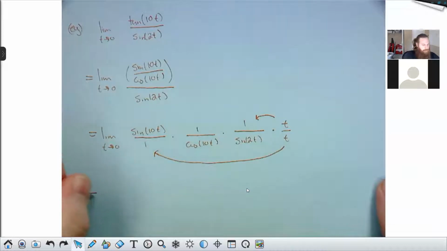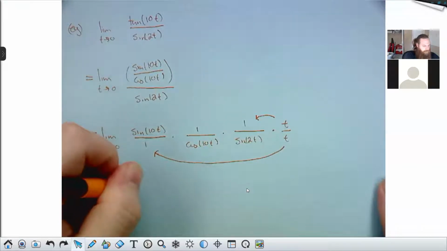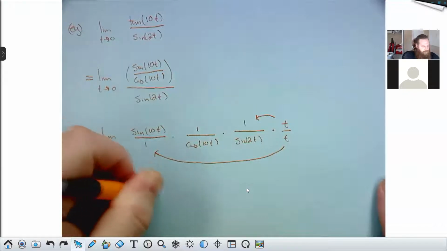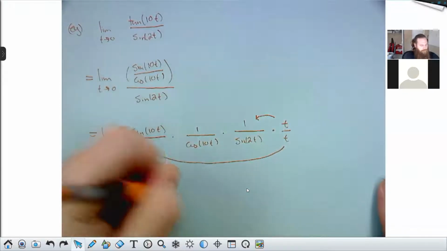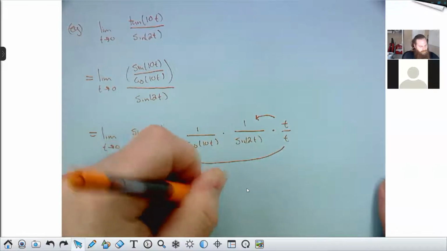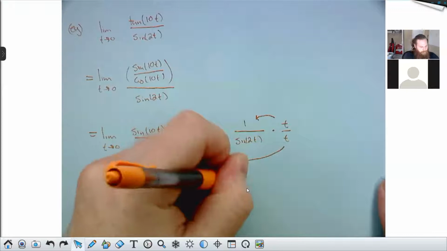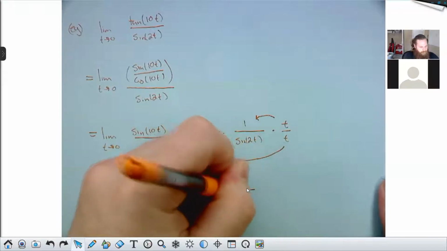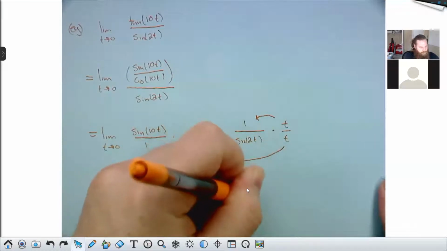Everything here is being multiplied, so I can push pieces wherever I want them. This will give me the limit as t goes to 0 of sine of 10t over t times 1 over cos of 10t times t over sine of 2t.